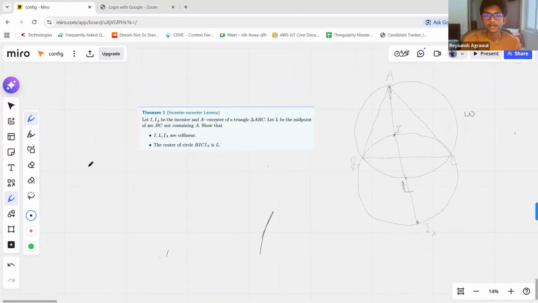The next config is known as Reim's theorem. I'll just put it up here.